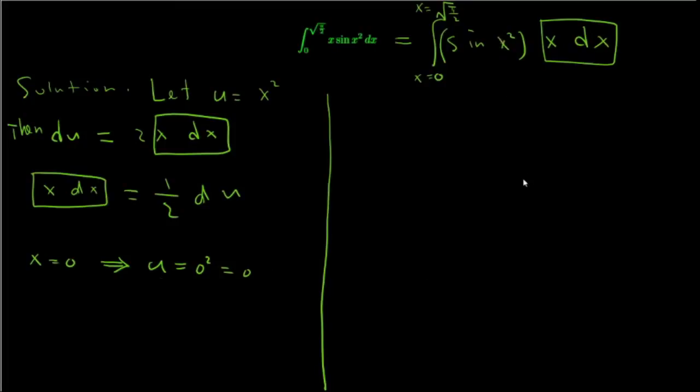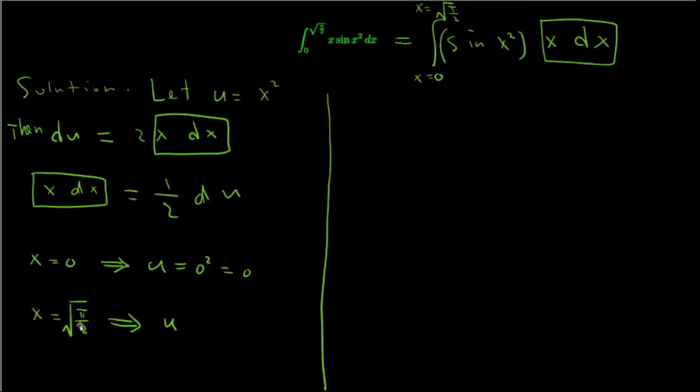Later on, when converting to the new integral, we need to have that as a lower limit. And likewise, we need to get the u value for the x value of the upper limit, which is square root of half pi. When x value is square root of half pi, it gives you the u value of, so basically you take the square of x value, you get the u value.